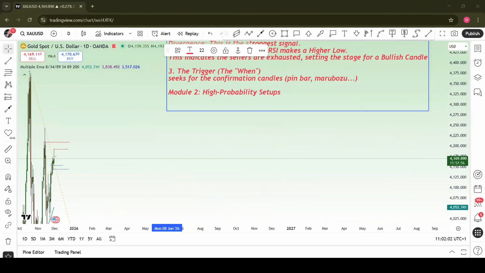The first one, for the gold market, I'm going to show you the liquidity sweep pin bar. All right, in today's Asian session and London session, a lot of pin bars occurred.